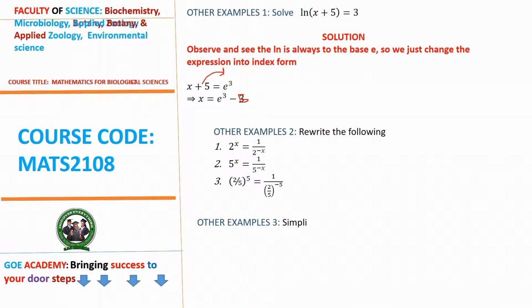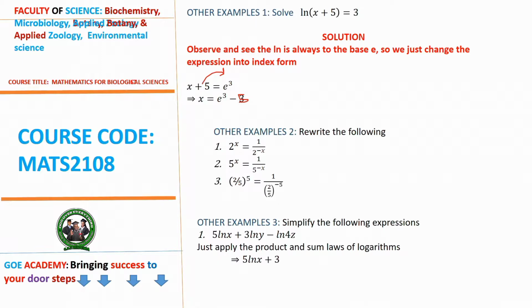If I ask you to simplify the following, 5 ln x plus 3 ln y minus ln 4z, all of this is just for you to apply the product and division law of ln or log, which we saw already. So 5 ln x plus 3 ln y minus ln 4z is just the same as ln x squared plus ln y cubed minus ln 4z.